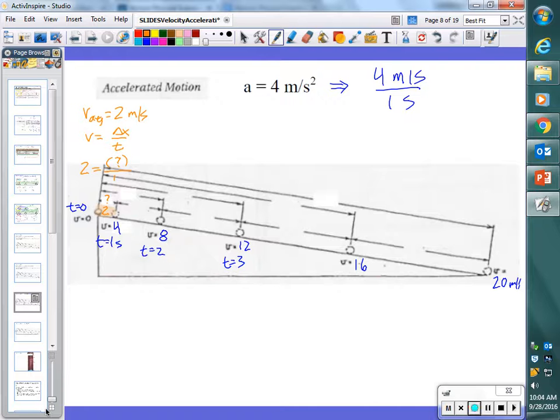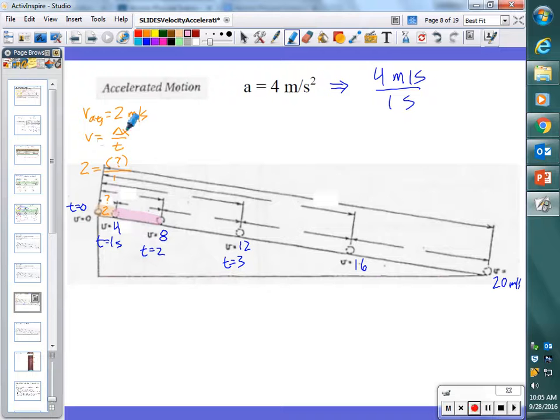Good there. All right, let's talk about the pink interval.